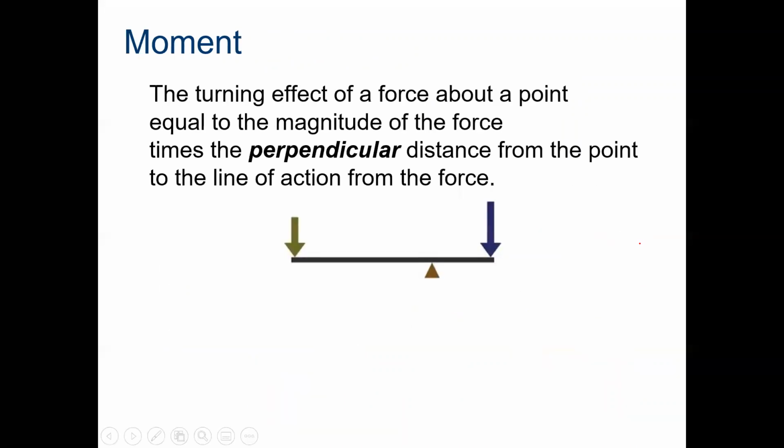The concept of a lever and the way it works is because we are using moments, okay? A moment is the turning effect of a force about a point, equal to the magnitude of the force times the perpendicular distance from the point to the line of action of the force. That's a wordy way of saying I have a force acting down.